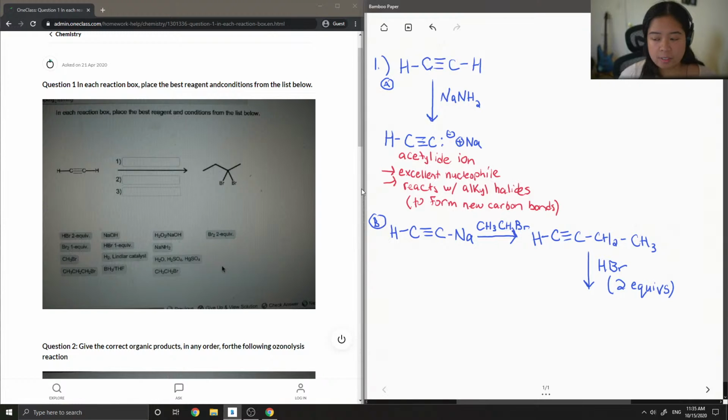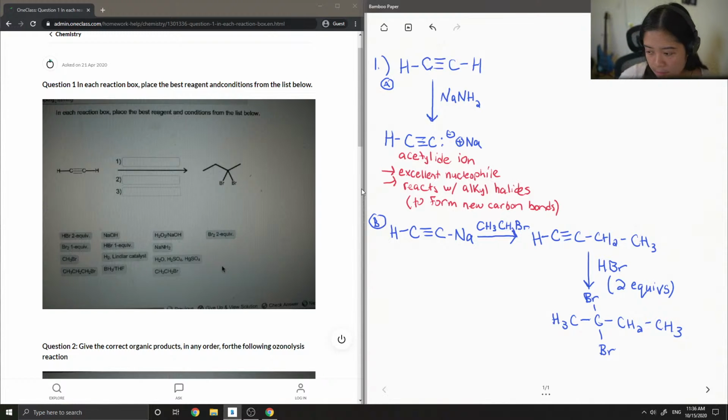Then the second equivalent of HBr will reduce that double bond into a single bond. And that's how you would attach your 2 bromines. Okay, and then we're left with our final product.